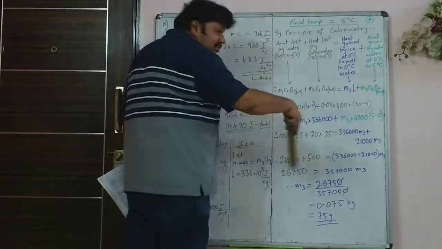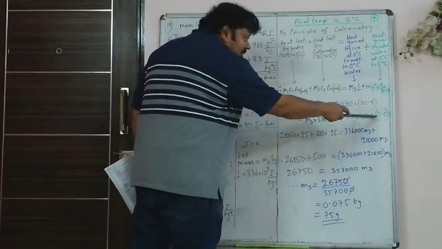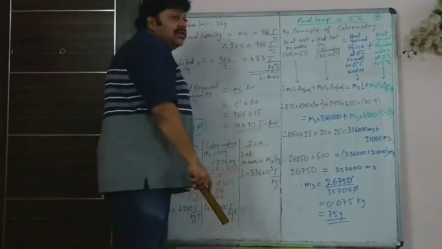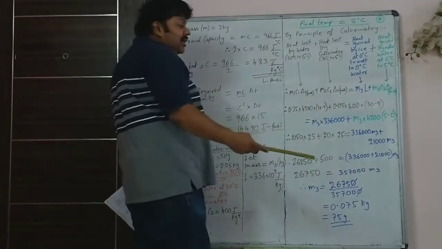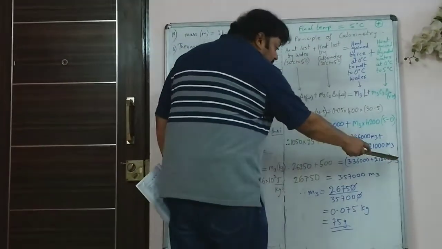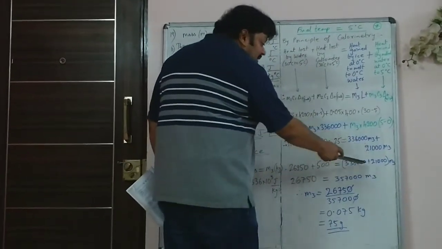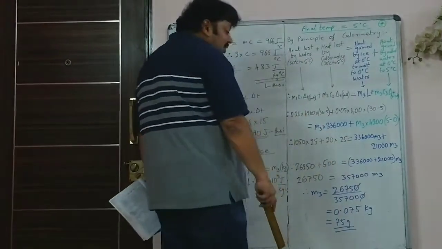Mass of ice, when it melts it becomes water. So here you have to take 4200 and the rise in temperature is 5 degrees Celsius because finally 0 to 5 degrees Celsius. So when you add this, you take M3 common out and you add 3,36,000 and 21,000, so you get 3,57,000.